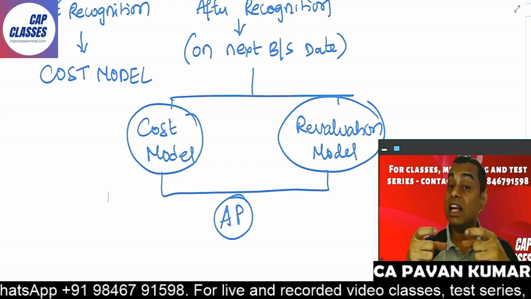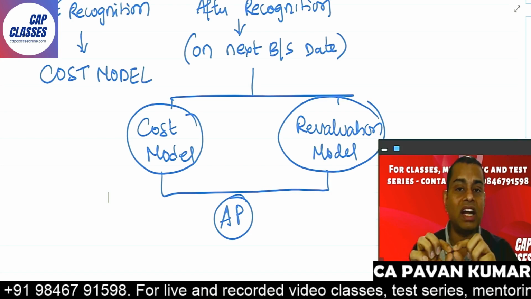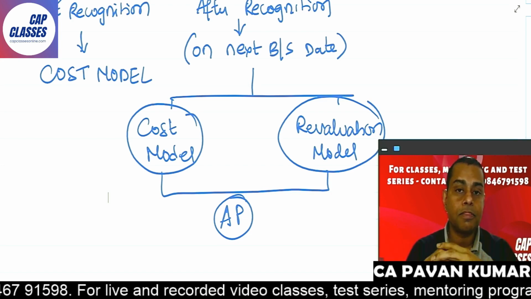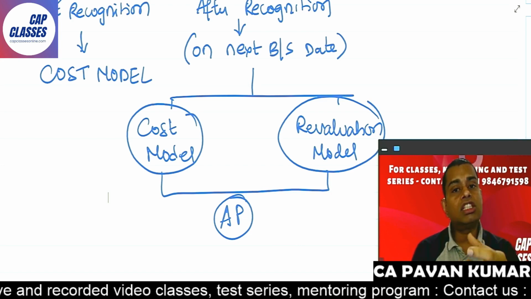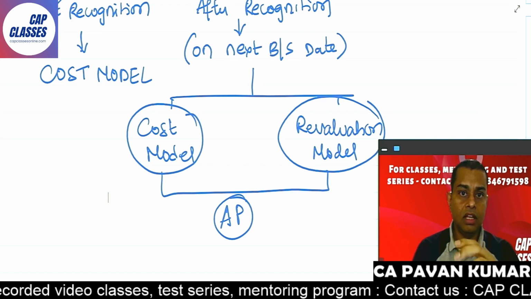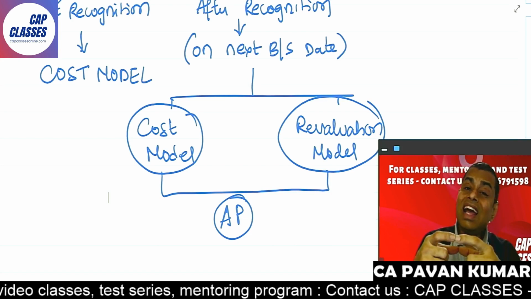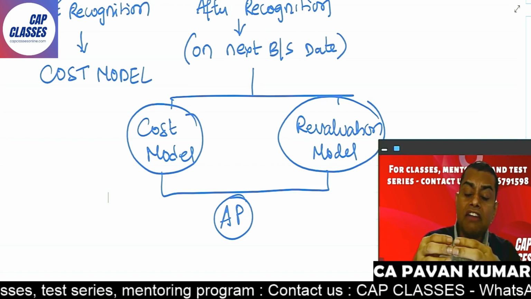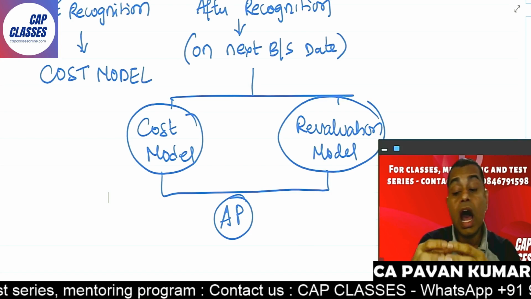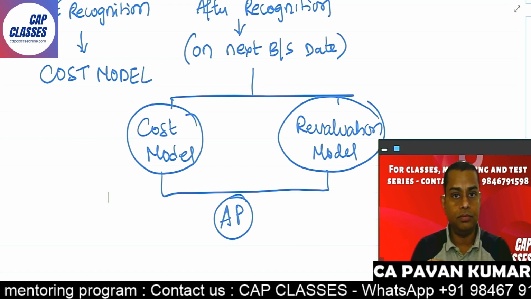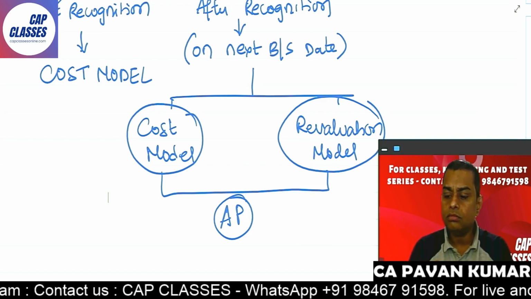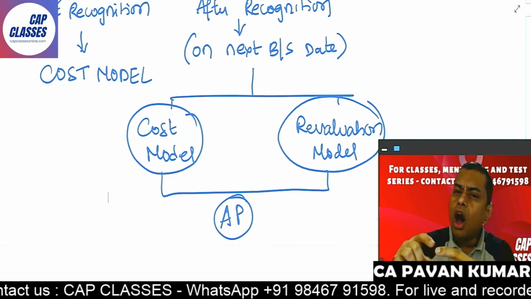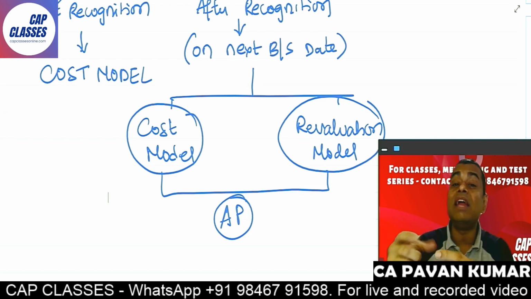But in the classroom, you need to understand one sentence. When you are choosing cost model or revaluation model, all the assets that fall under one class are to be revalued on or around about the same time.